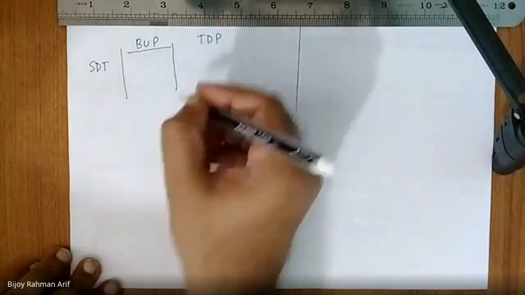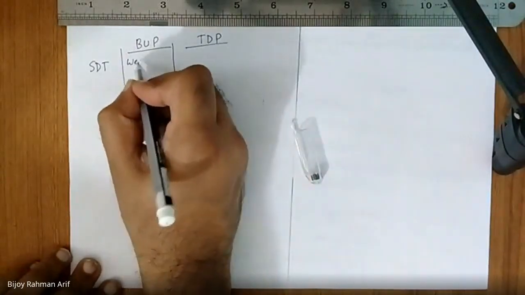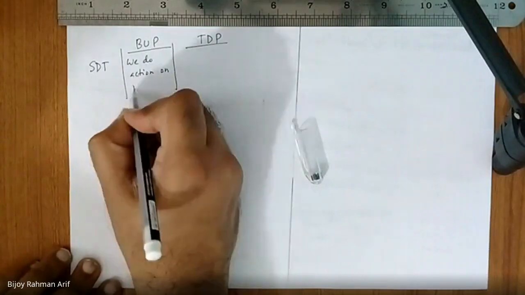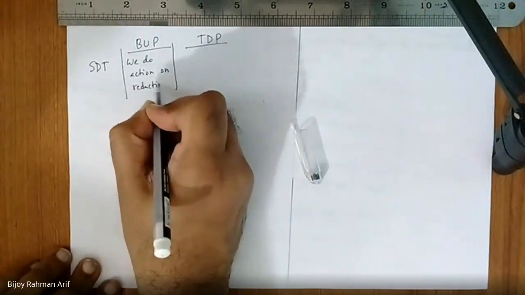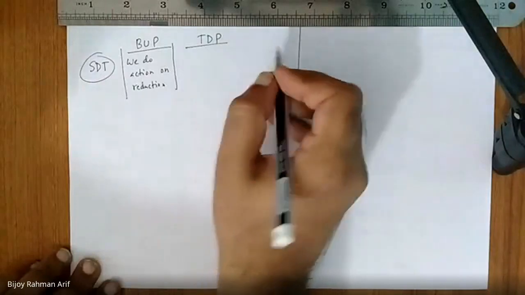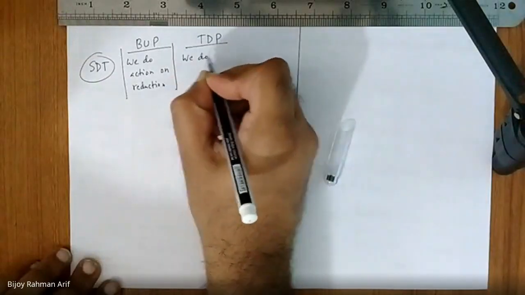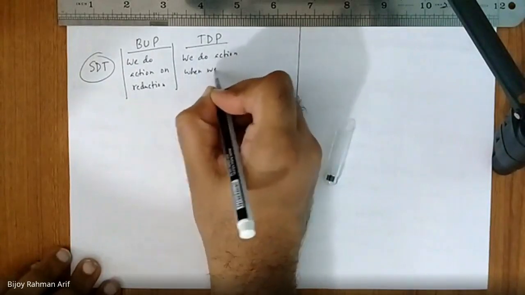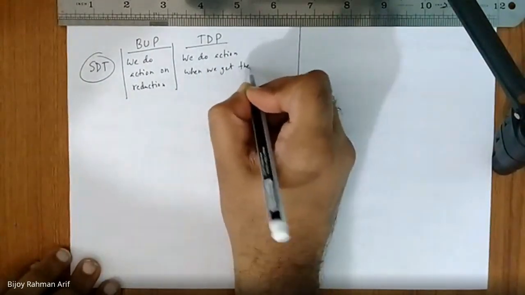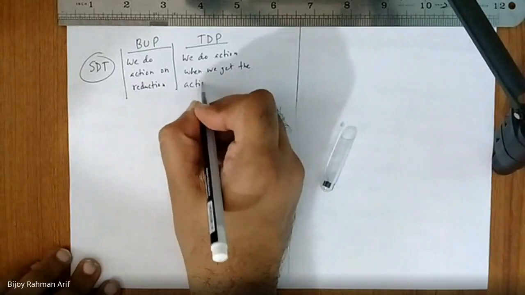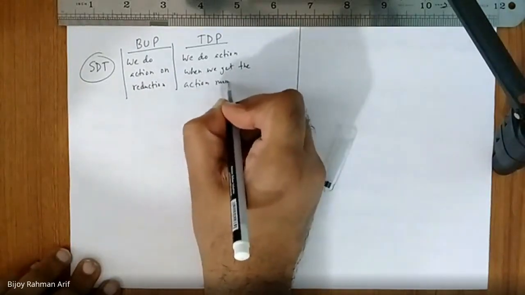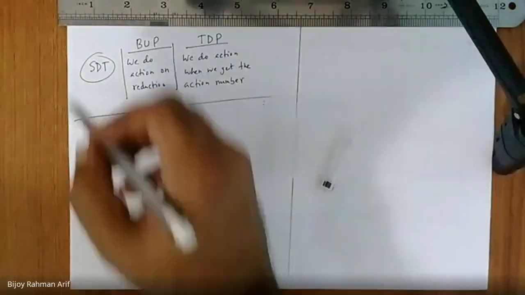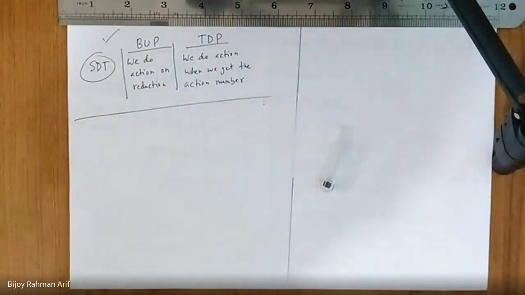In BUP, we do the action on reduction. In TDP, we do the action when we get the action number. So this is the difference, remember. So BUP is done. We are done with the BUP. Now, how can we do it using TDP?